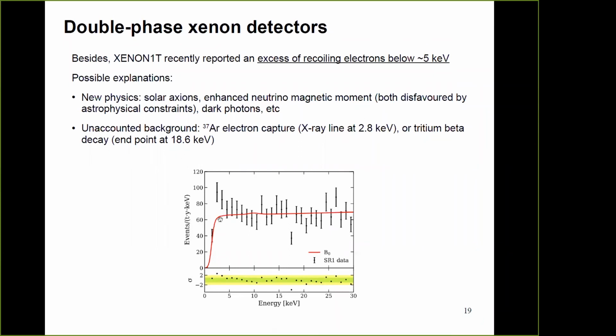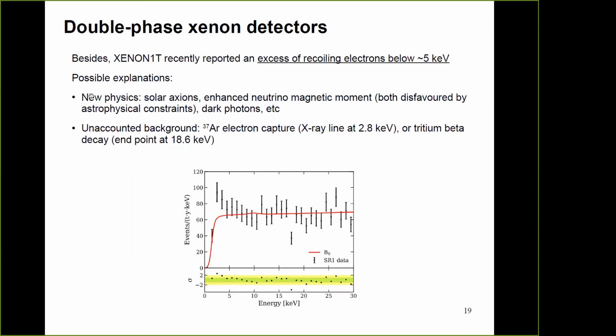So it's a different signal, and you can see the excess here at low energy. This is the energy spectrum. You have your expected background in red, and the data are the black bars. And you see this excess, which is near the threshold, is I think 3.5 sigma or something like that.